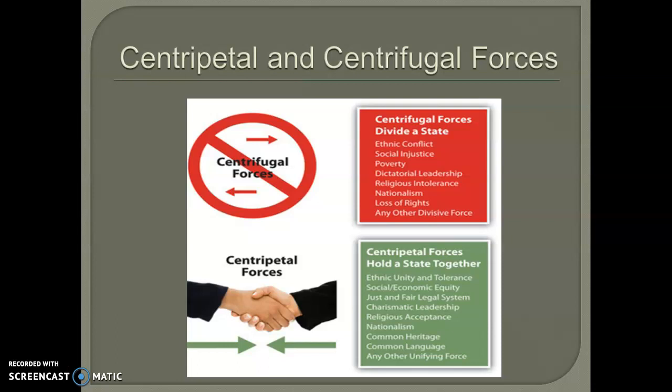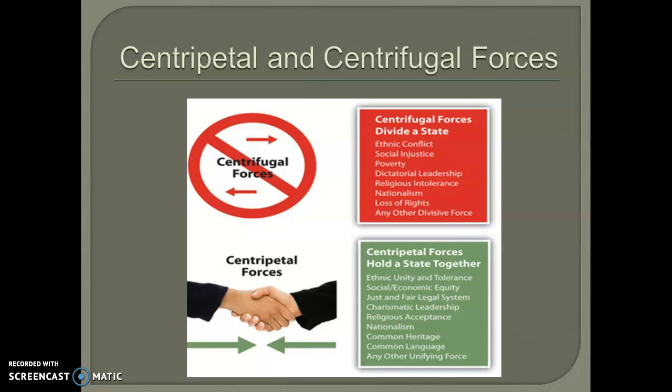So language can be a force that pulls people apart. Religion is already on there. So things that are maybe not so obvious can also be forces. Centripetal forces hold a state together, right? Pull it together. And those can be the same things that pull it apart, right?